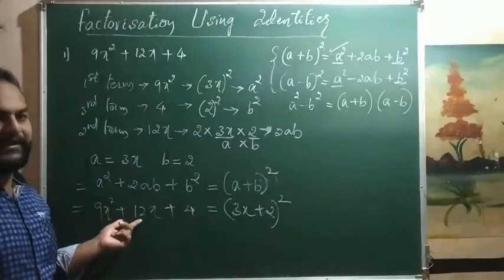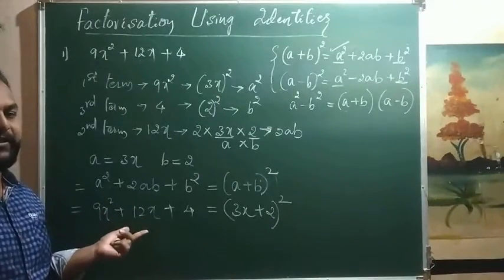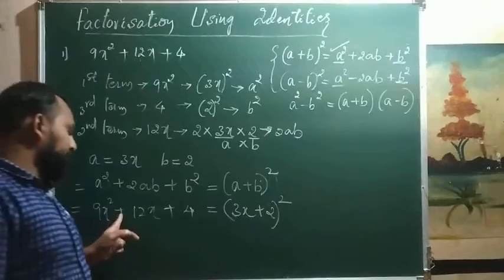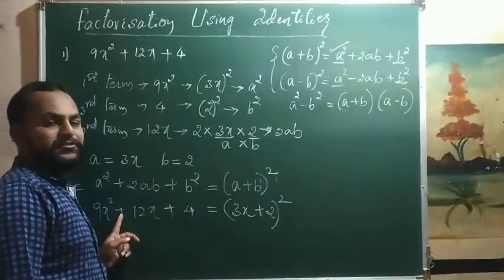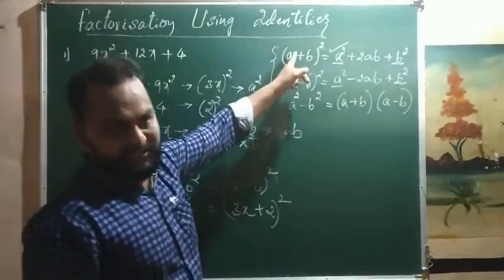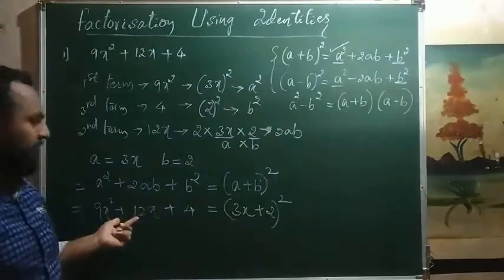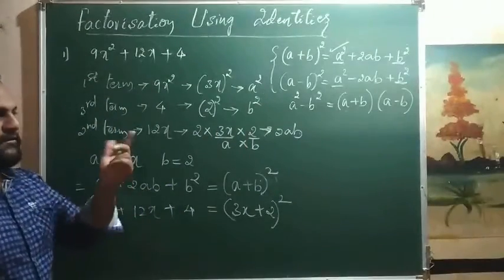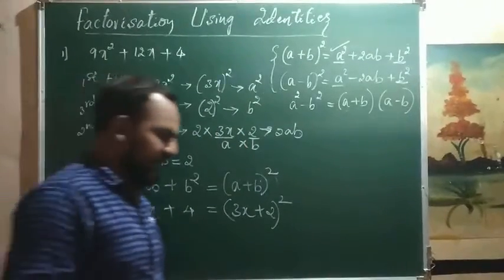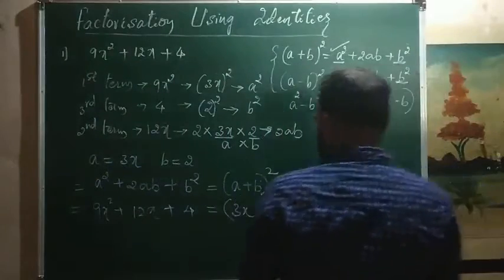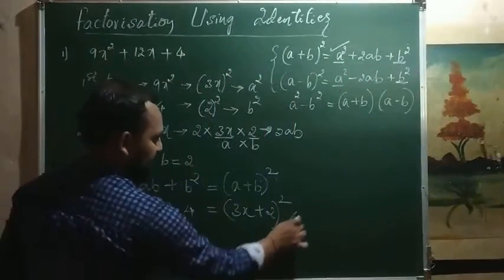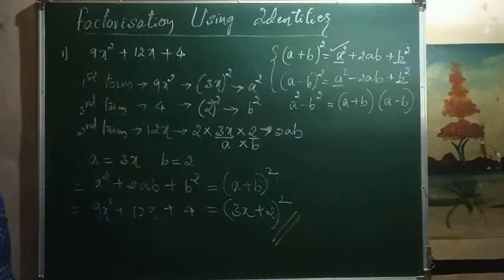The first identity. If the sign of the middle term is positive, then the first identity; if the sign of the middle term is negative, then the second identity. Take an example. This is the answer, 3x plus 2 whole square.